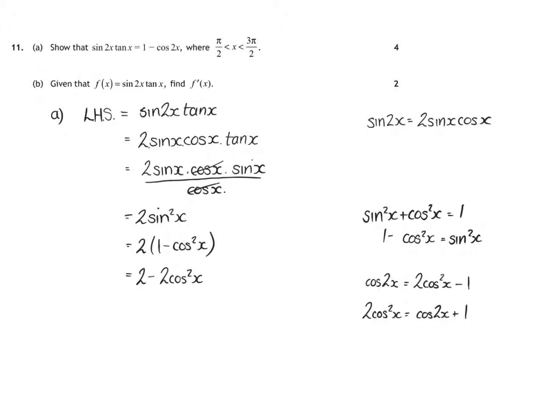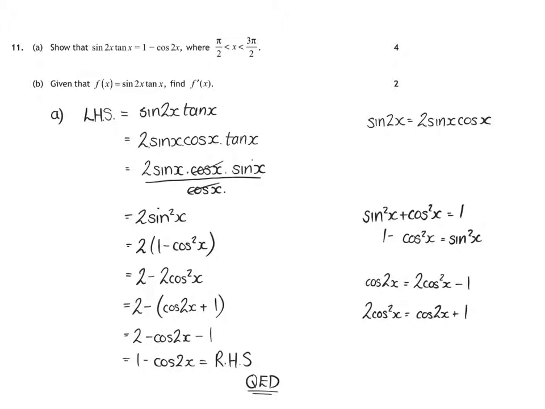Yeah? So if we substitute that in, we get 2 minus (cos 2x plus 1). And then if we multiply out our brackets, we get 2 minus cos 2x minus 1. So we get 1 minus cos 2x, which is equal to our right-hand side. So that is us proven that part there.